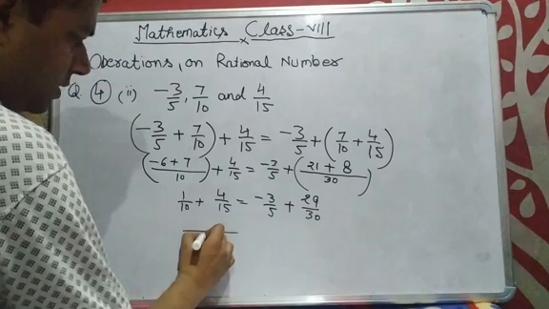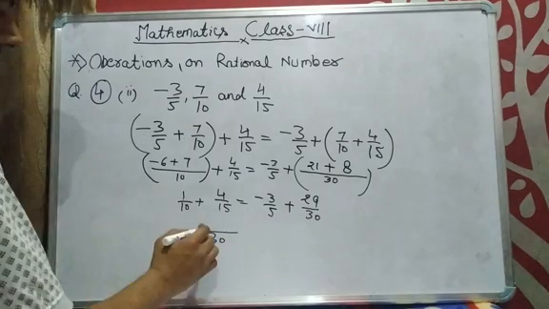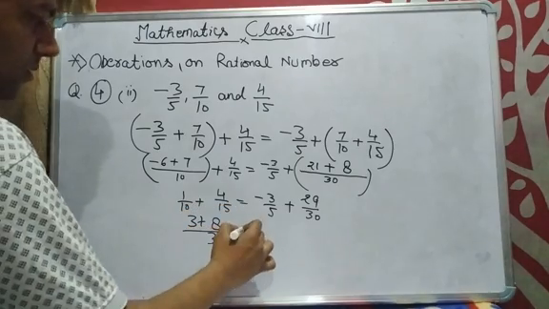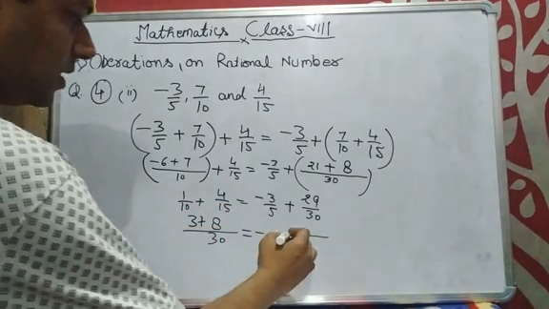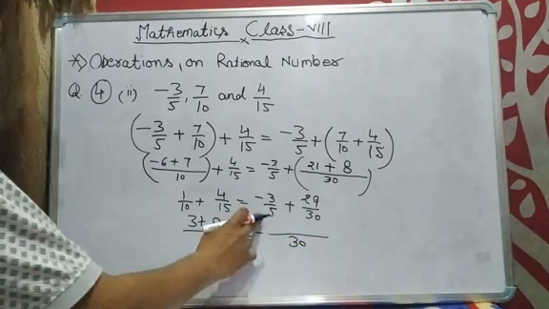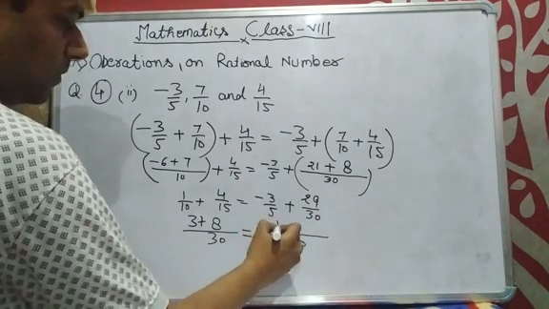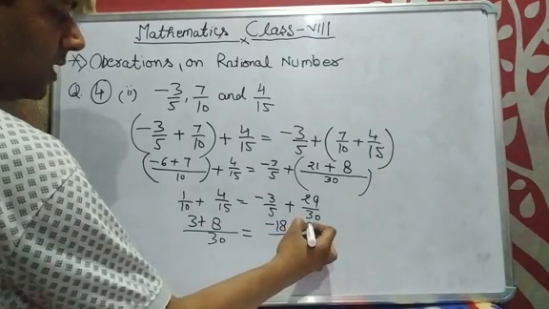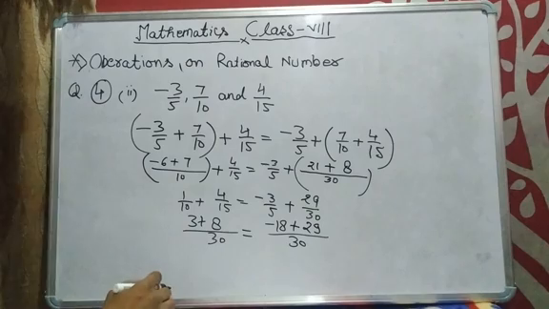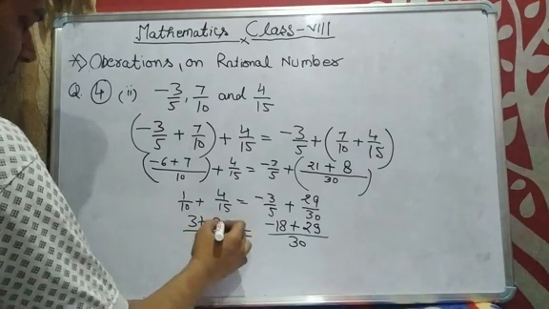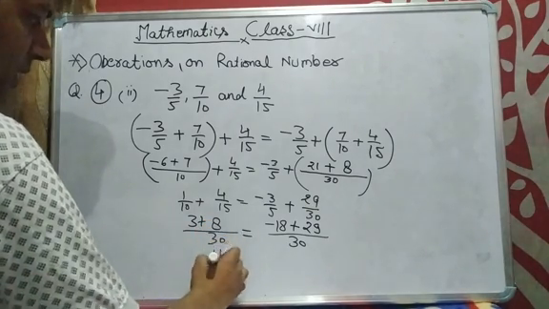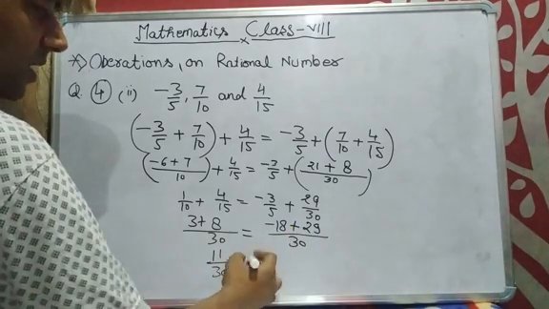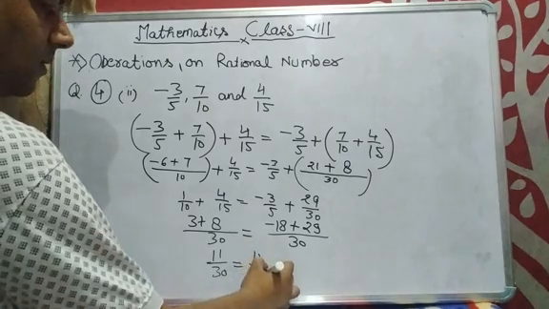Let us take the LCM. 10, 3 times, 15, 2 times. The LCM is 30, 5 times 6, minus 18 plus 29. It is 29 minus 18, 11 upon 30.